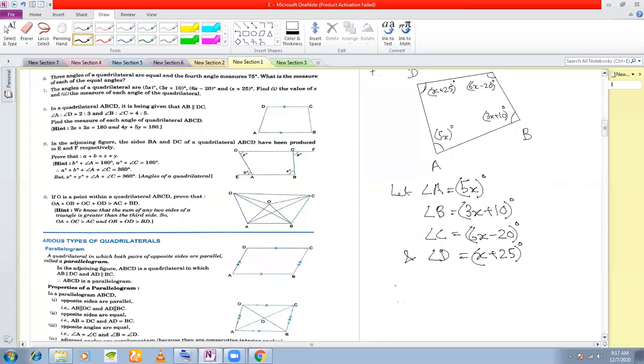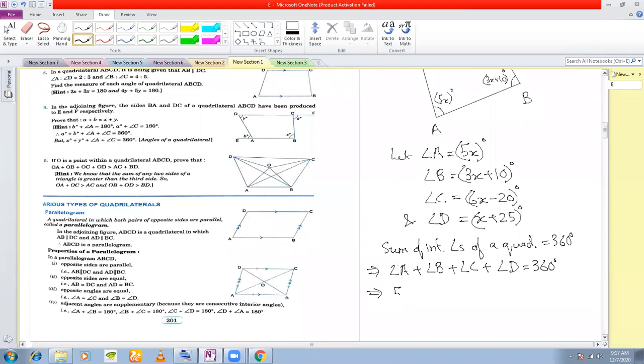And you know that the sum of interior angles of a quadrilateral is 360 degree. That means angle A plus angle B plus angle C plus angle D is equal to 360 degree.